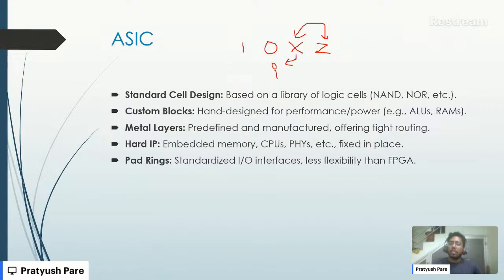The simulator is not sure whether the output is 0 or 1, so it shows X. But if it is a Z, that means the node is kept unconnected, and there is no current supplied to that node, and hence there is neither 0 nor 1, and it is a floating node. So it won't have any value.